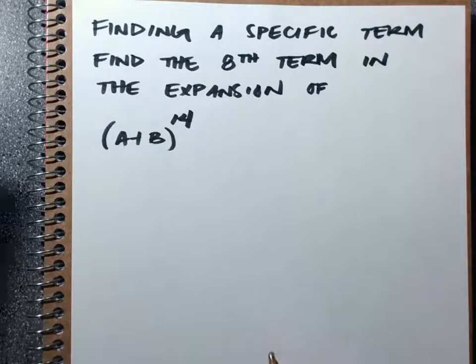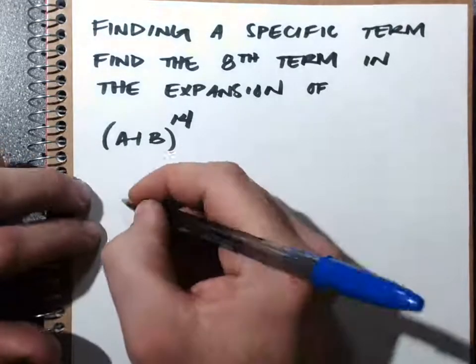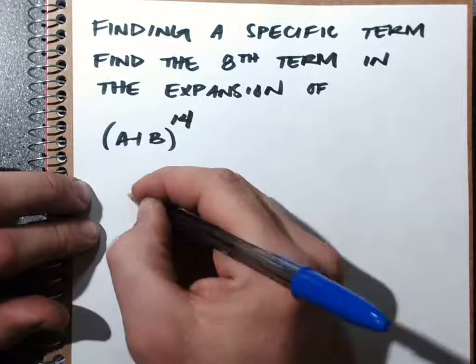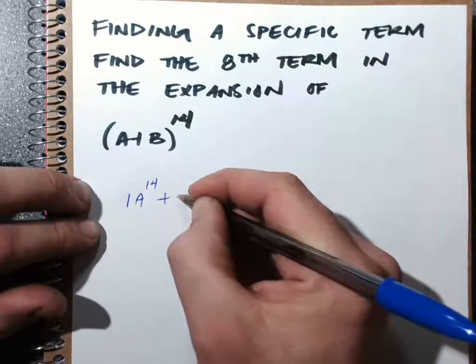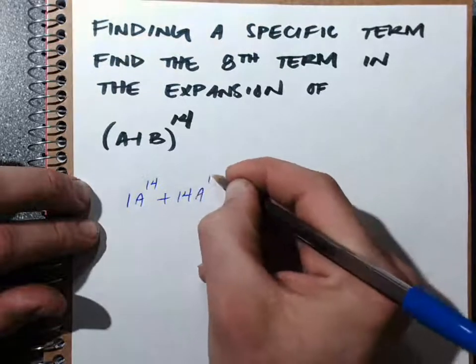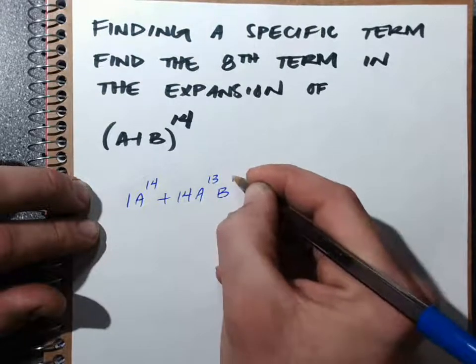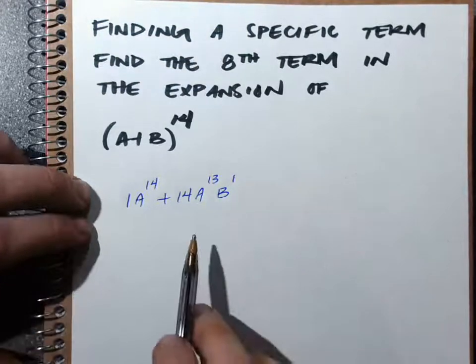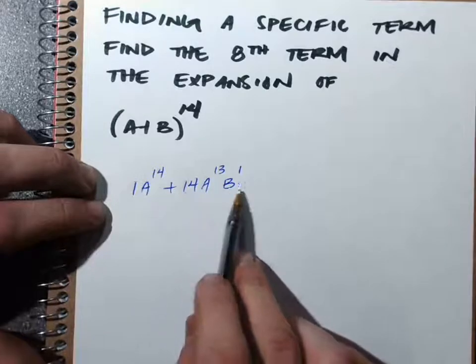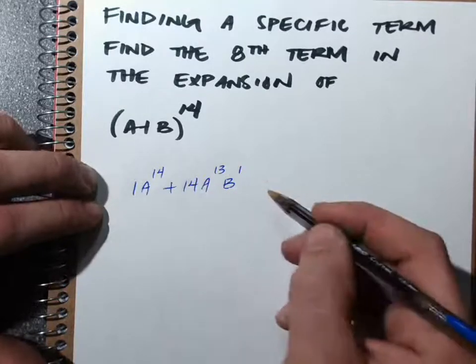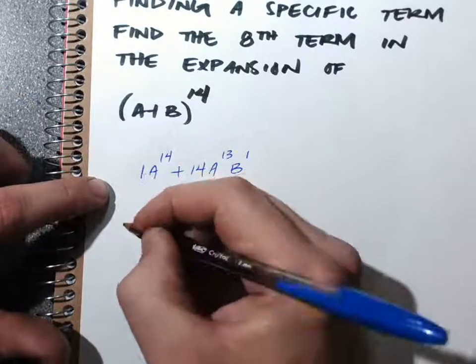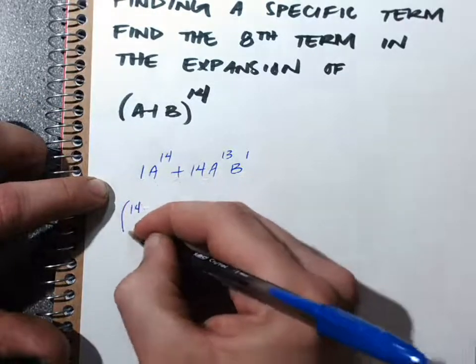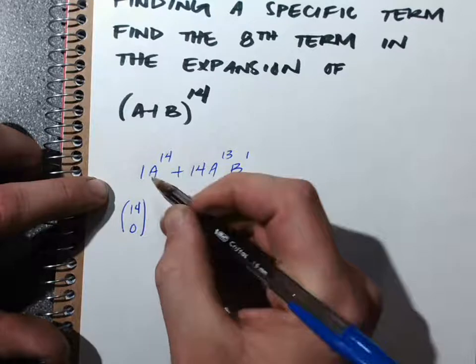Now, if you expand this, we talked about this, the first term in the expansion would be 1a to the 14th, and the second term would be 14a to the 13th, b to the 1st, and so on. Now, we're not going to keep going with this, but I'm going to use this to show you the way that we communicated this. 1 was equivalent to 14 choose 0.